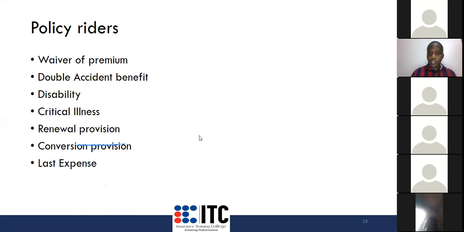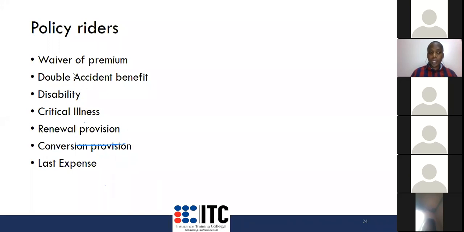Someone needs clarity on the double accident benefit. Okay, let me just go back to the double accident. It's a payout on death as a result of an accident.